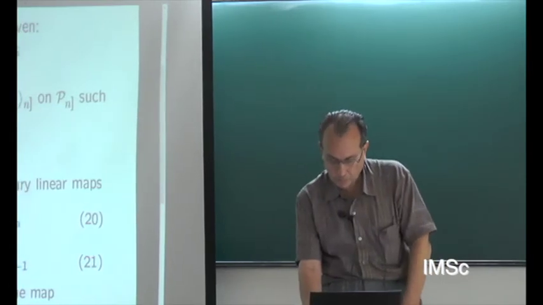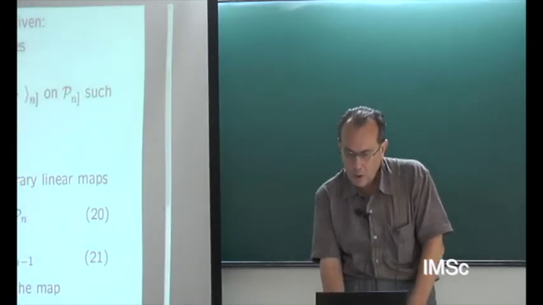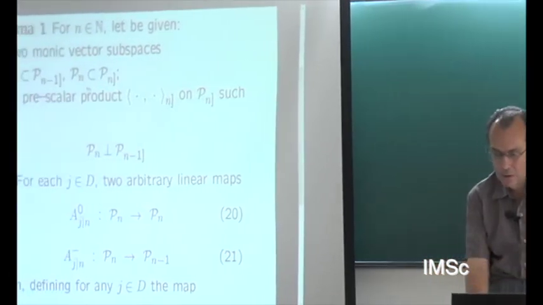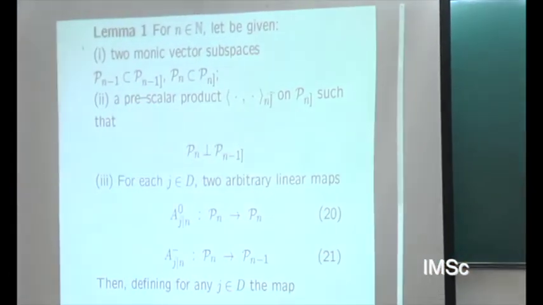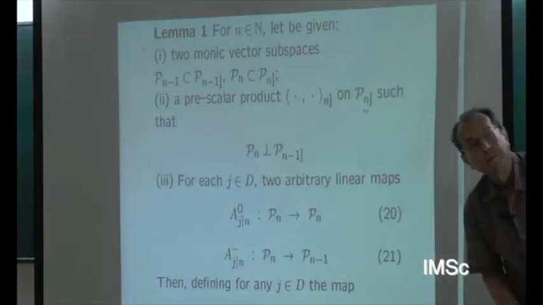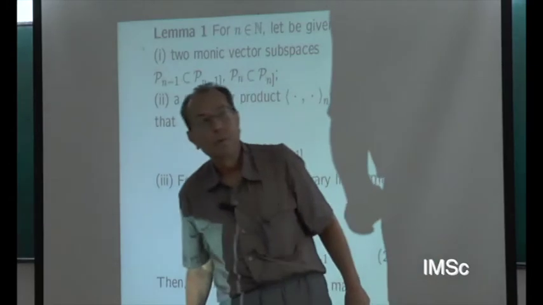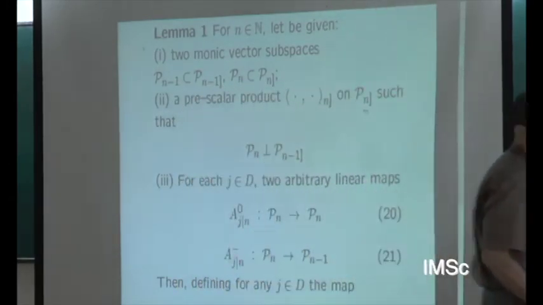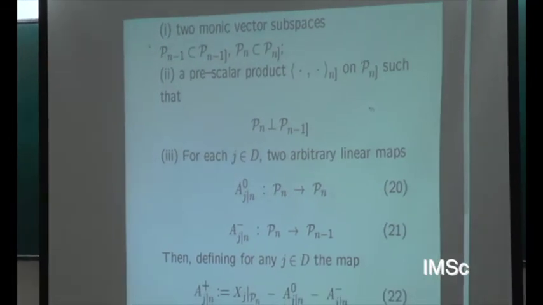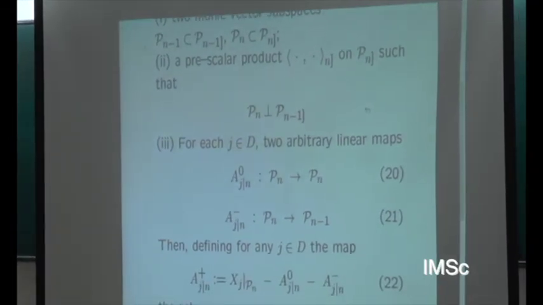So, if I have two monic vector subspaces, and I have a pre-scalar product on the polynomials of degree less or equal than n, then I give two arbitrary maps.